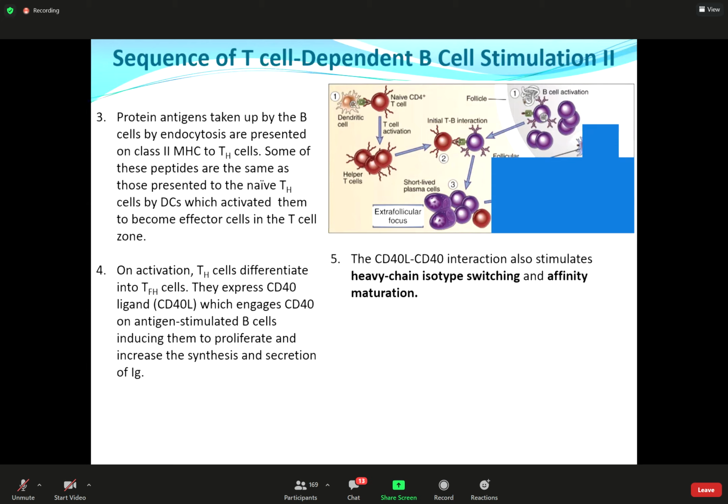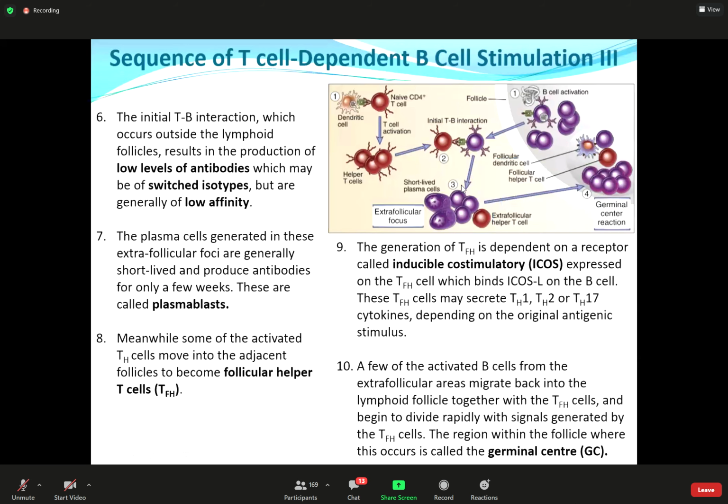The B cell, again, through this interaction, also undergoes a change from the plasma cell into this more differentiated cell where it migrates back into the B cell follicle, into that egg yolk structure called the germinal center.